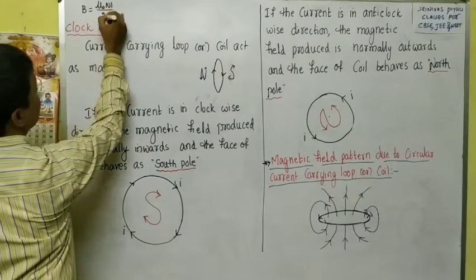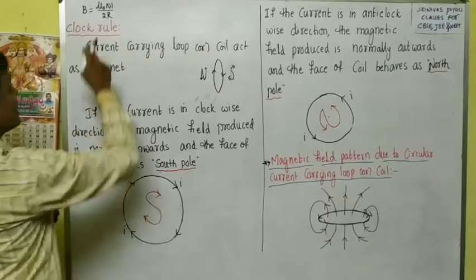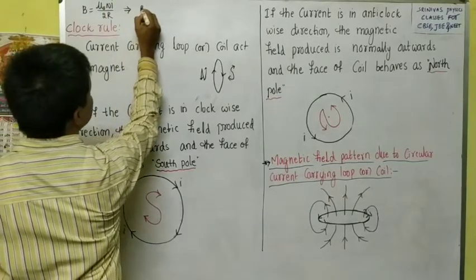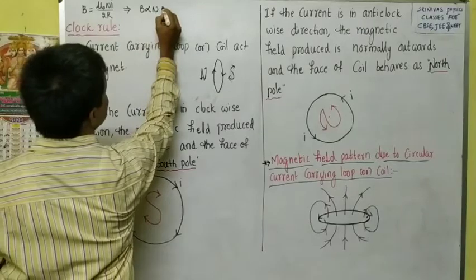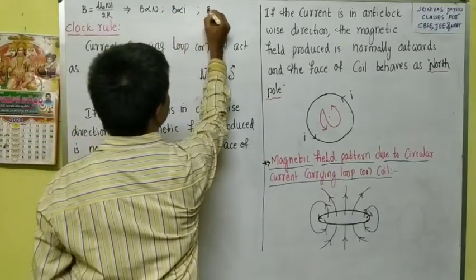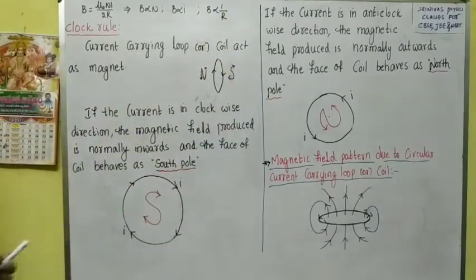This is the magnetic induction at the center of a current carrying coil which has n turns. On what factors does the magnetic induction depend? It depends upon the number of turns, it is proportional to the current, and inversely proportional to the radius.